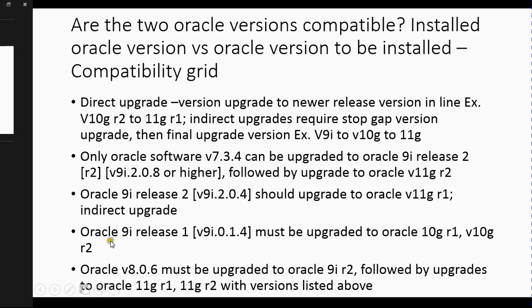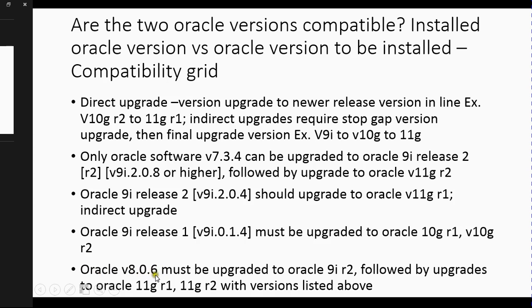And if you have 9i Release 1, you need to have this patch 0.4 to be able to upgrade to 10gR1 or 10gR2. Also, if you have an Oracle version 8 and you're trying to get to 11gR1 or 11gR2, you would have to have this specific version, 8.0.6.